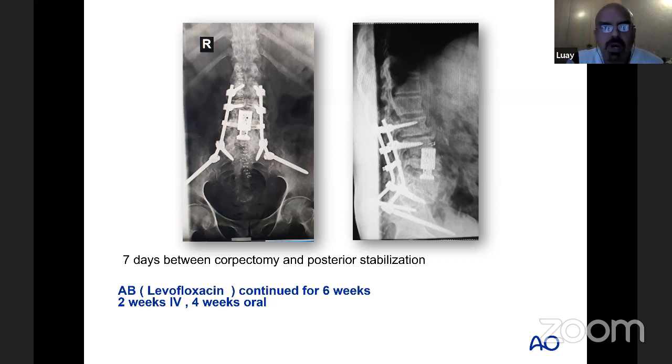My indication in this surgery was not to deeply decompress the neural tissue, because as I mentioned, the patient had no neurological deficit and no radicular pain. So my main indication was just to solve his problem of instability. I put in an expandable cage, not an ordinary one.